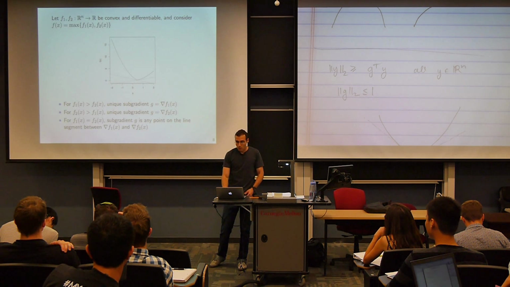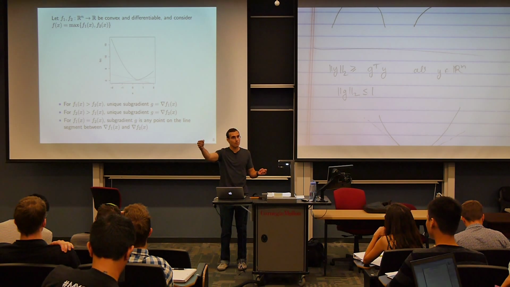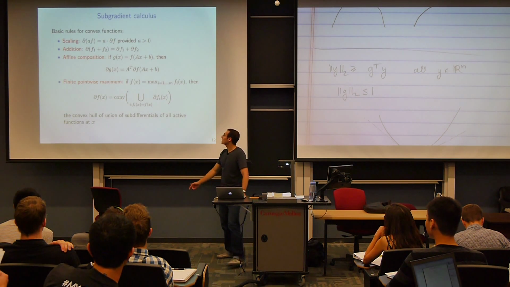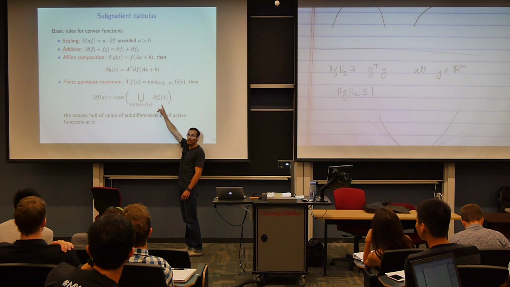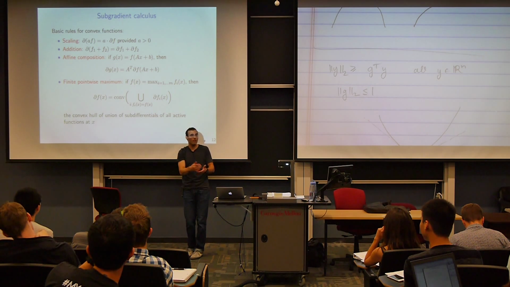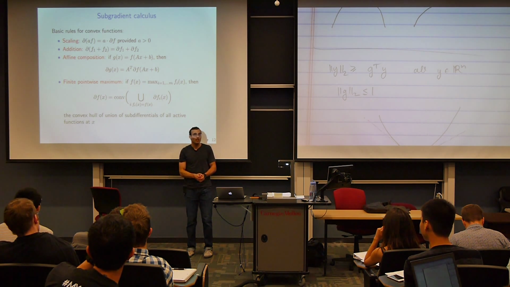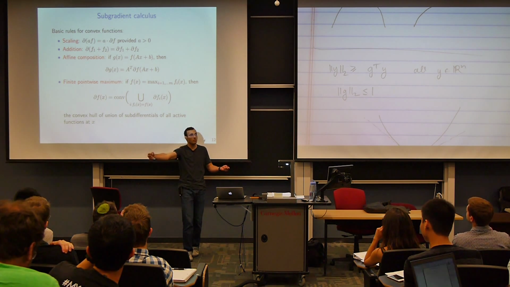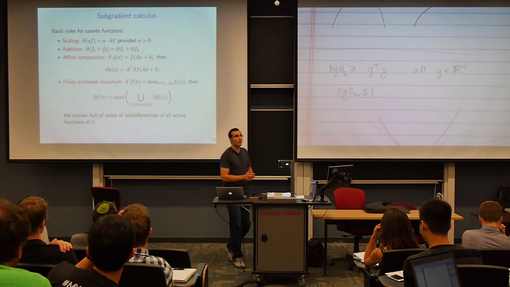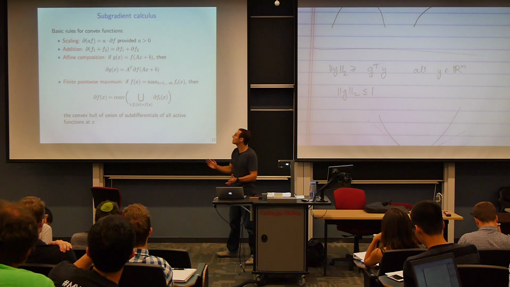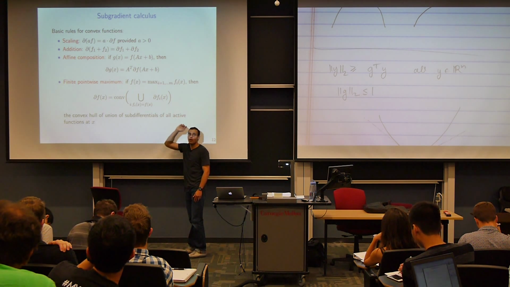And what we saw is that anything on the line segment between their gradients was a valid subgradient. It's really the same story here. We're saying we can take any subgradient from f1 and any subgradient from f2 if f1 and f2 both achieve the max. And then look at this outer convex hull. We can take, for example, any convex combination of those subgradients, and it's still a valid subgradient. So it's the same picture that you saw before, just generalized to more than one function, and they're possibly non-smooth.